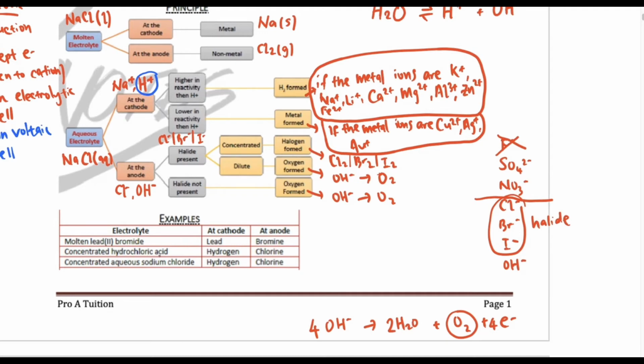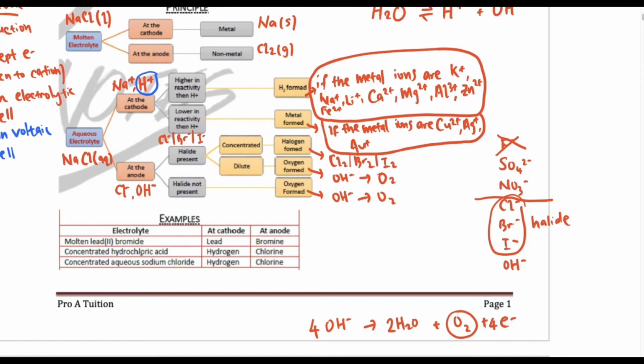Concentrated hydrochloric acid. So concentrated hydrochloric acid, the positive ions are the hydrogen ions from hydrochloric acid as well as water. It's just one kind of positive ion, which is H plus.